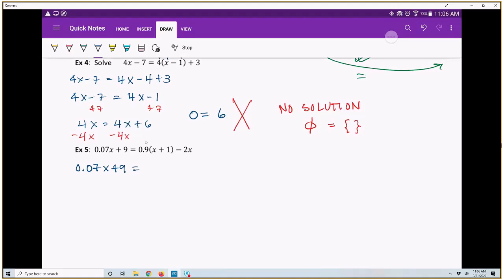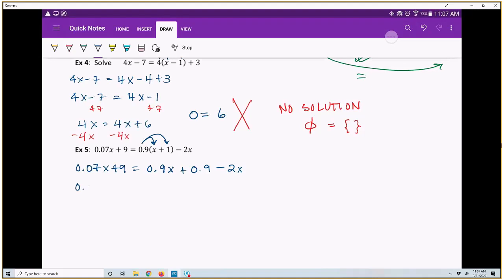But on the right side, I can distribute the 0.9. So it's 0.9x plus 0.9 minus 2x.